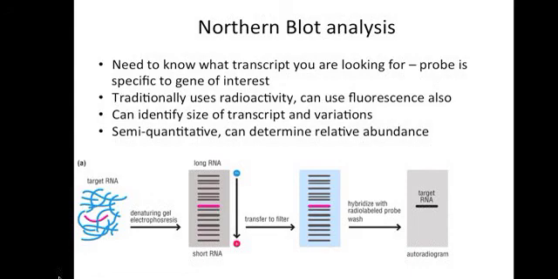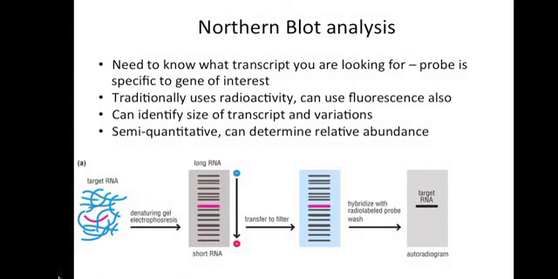You design a probe that is complementary to the RNA sequence for beta-actin, and you'll detect it on a membrane. So basically, you isolate all your RNA from your cell where you think that RNA is, and you do electrophoresis to separate your RNAs based on size, and then you're going to transfer it to a membrane, and then you incubate it with your probe.